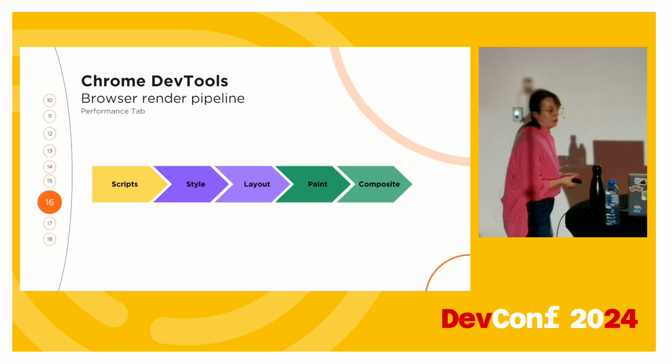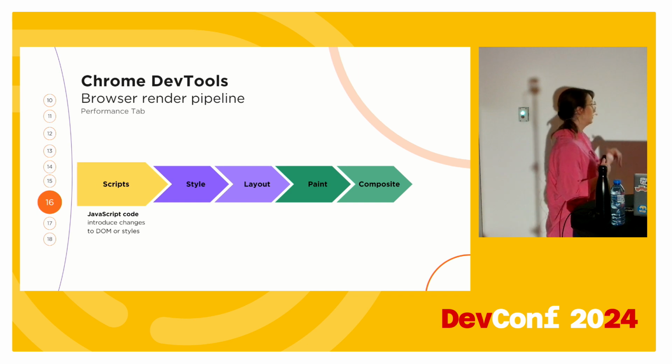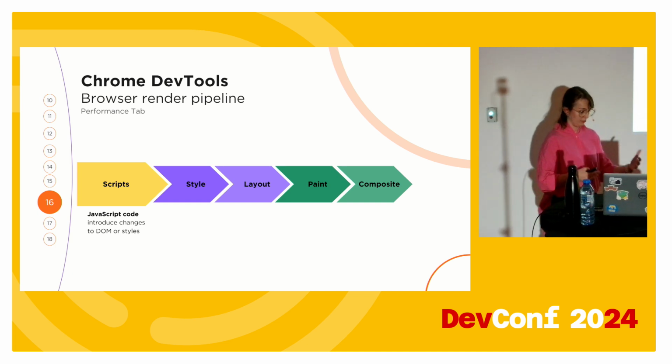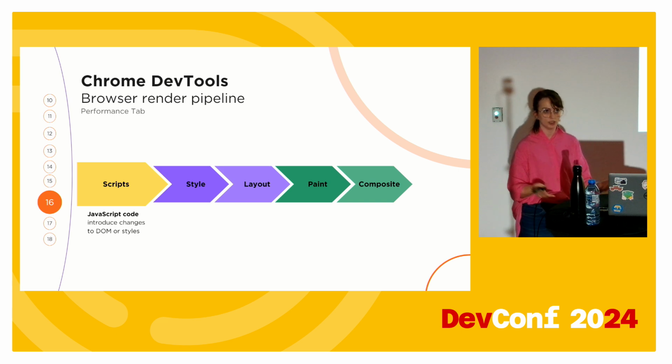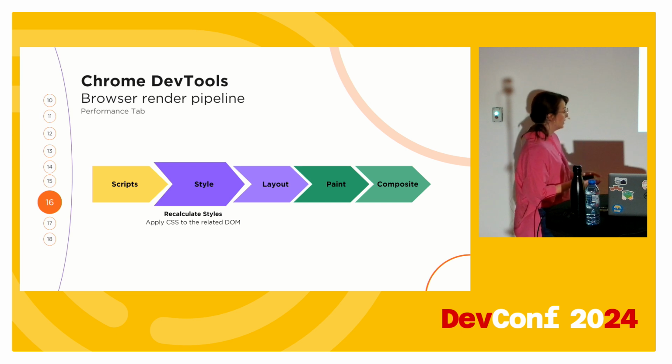But here is the browser render pipeline, and I will briefly go through it. As I said, the yellow ones are connected with JavaScript, and they could introduce changes in our DOM. So they could also change the style of our website. We can, for example, add a new element or sort data. The next one is recalculate styles.